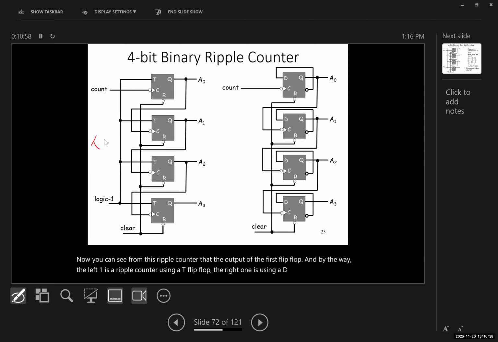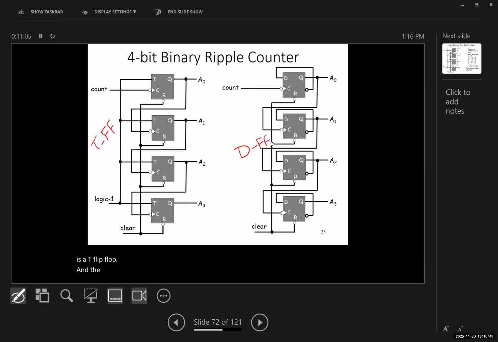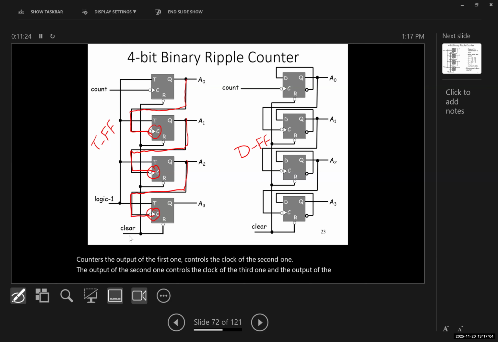So in these types of ripple counters, the output of the first one controls the clock of the second one. The output of the second one controls the clock of the third one, and the output of the third one controls the clock of the fourth one.